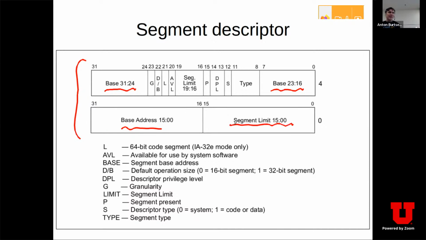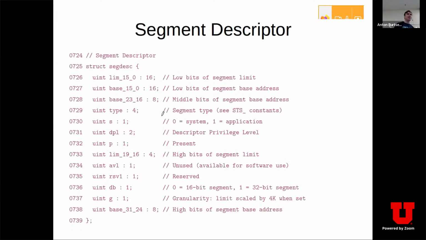The limit itself, 15 bits, is stored here. Those are the different flags. So a lot of bit manipulation. But if you want to define this data structure in C so that it maps bit-to-bit onto this hardware descriptor format, this is the way to do that. C allows you to say this is 16 bits, this is 16 bits, this is 8 bits, and the data structure will be laid out in memory in such a manner that it maps the physical layout.